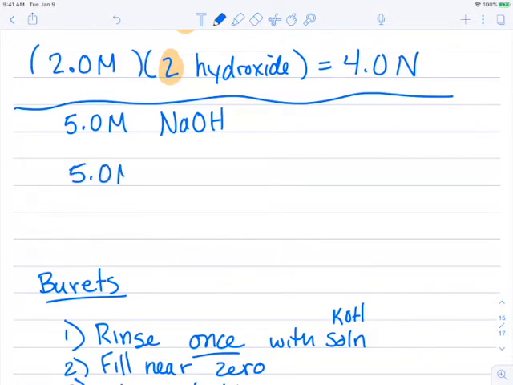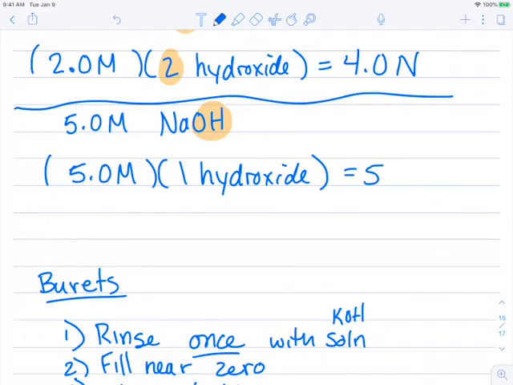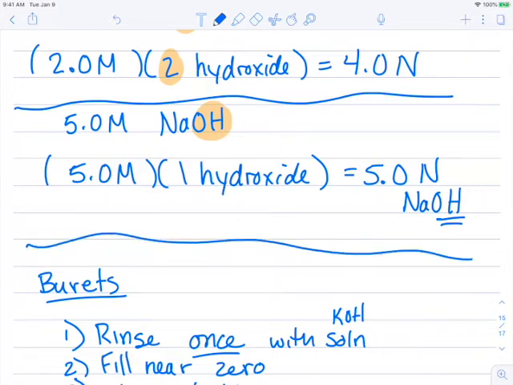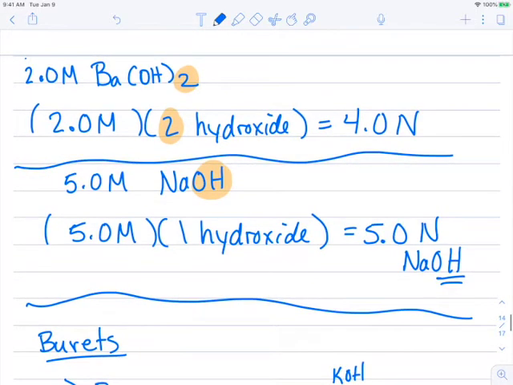I'm going to say 5 molar times 1 hydroxide, because there's only one of these hydroxides. So it is 5 normal NaOH. That's why in the problem I crossed out the normality and put molarity, because it is the same for something like NaOH that has only 1 hydroxide, or HCl that has only 1 hydrogen. All right, questions on anything here?